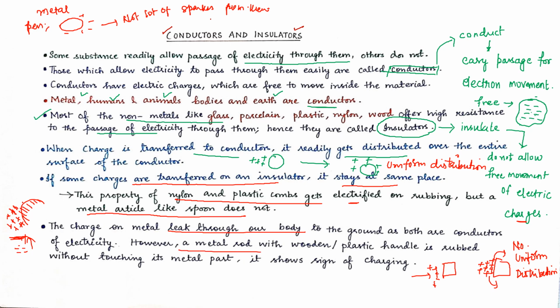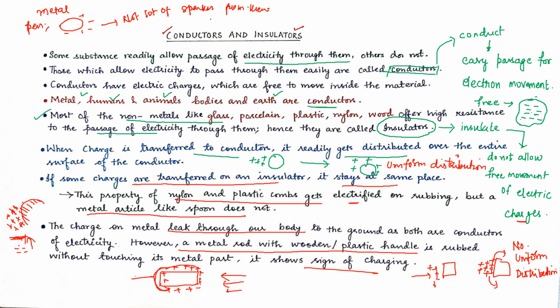However, if a metal rod with a wooden or plastic handle is rubbed without touching its metal part, it shows signs of charging. Now we have a rod which is insulated over here, and we are providing charges from here. These charges will come at this point and as per the law they will start accumulating all over the surface, and as there is no chance for these charges to move out of the surface of the metal, what will happen?